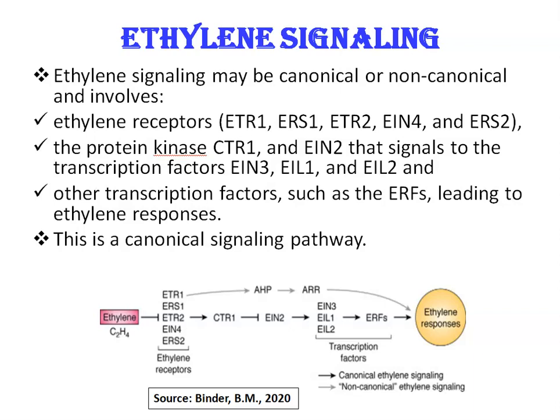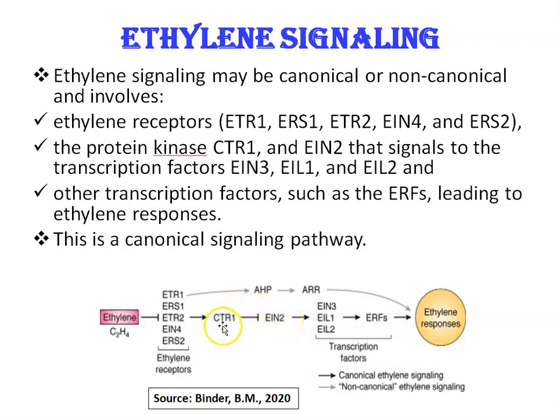So ethylene signaling involves ethylene receptors: ETR1, ERS1, ETR2, EIN4, and ERS2, which we have discussed. Then second, protein kinases, CTR1 and EIN2.